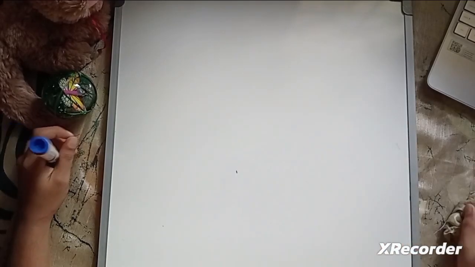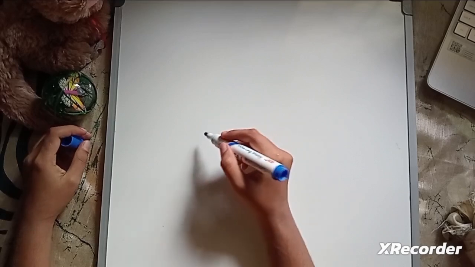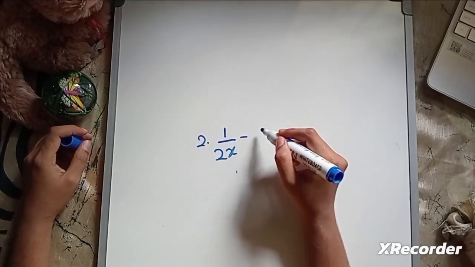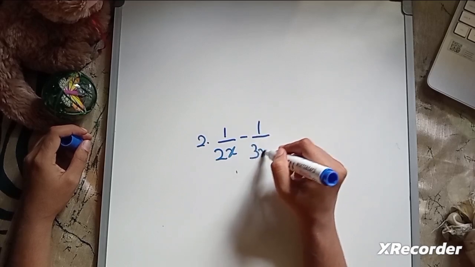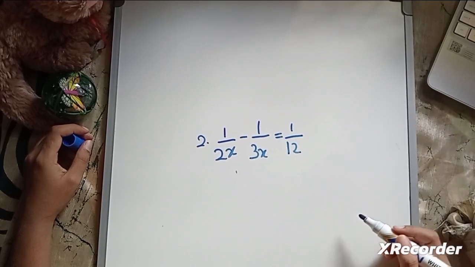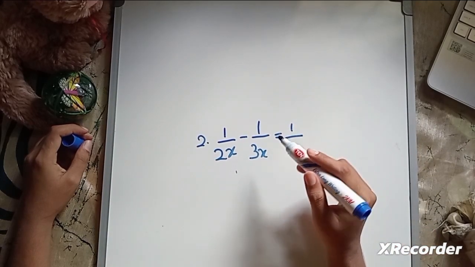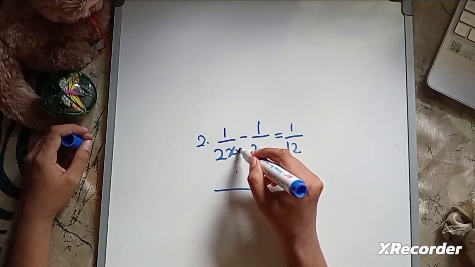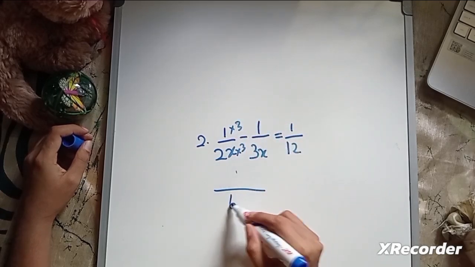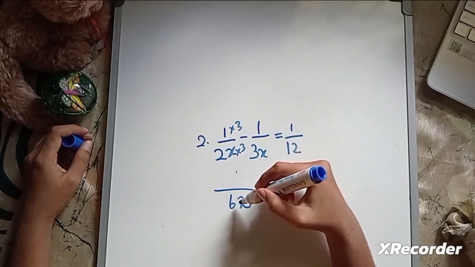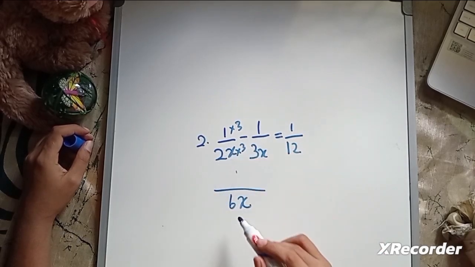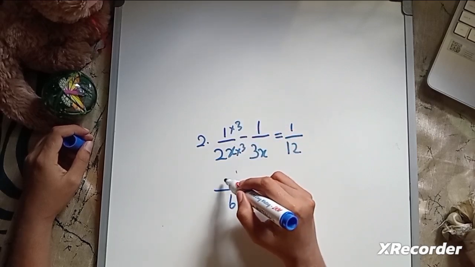Then the second one, we have to solve this: 1 over 2x minus 1 over 3x equals 1 over 12. So we can multiply this by 3 since we want to come up with the common denominator 6x. 3 into 2x, 6x. 3 into 1 is 3.